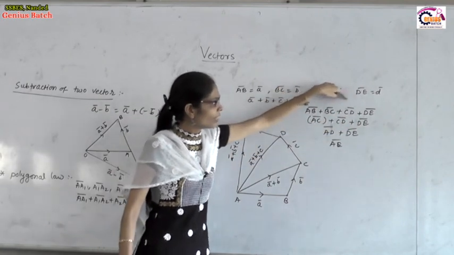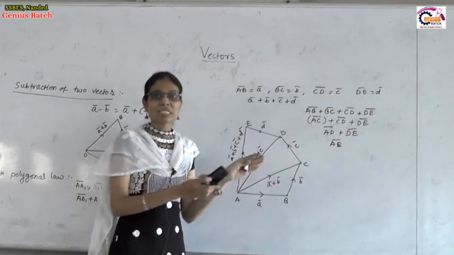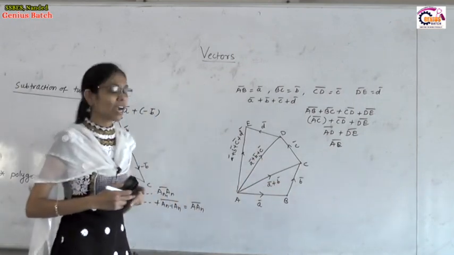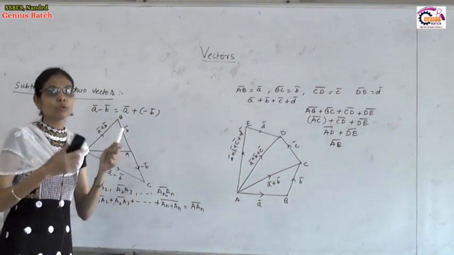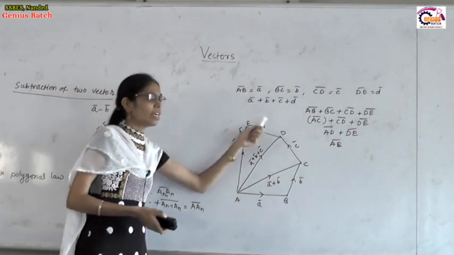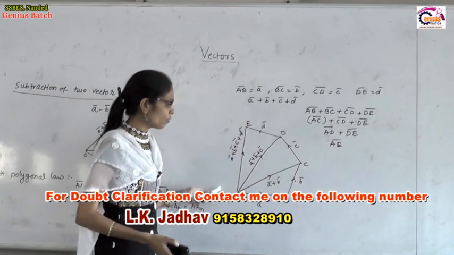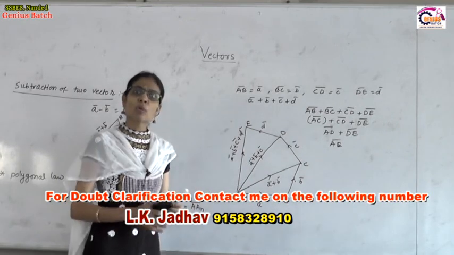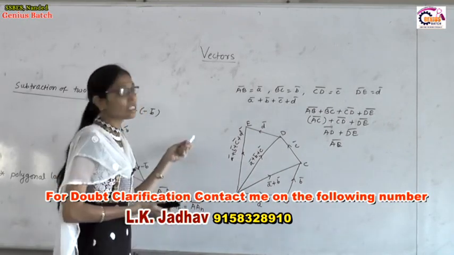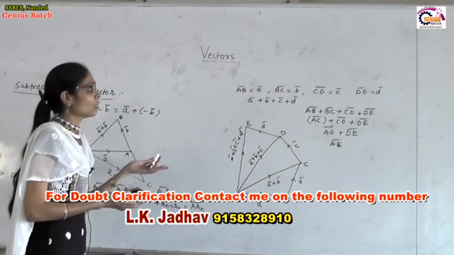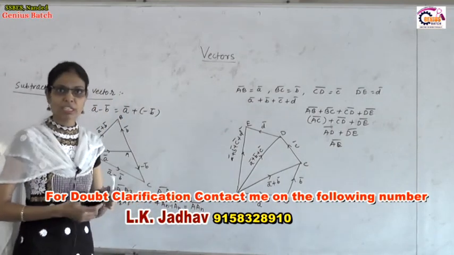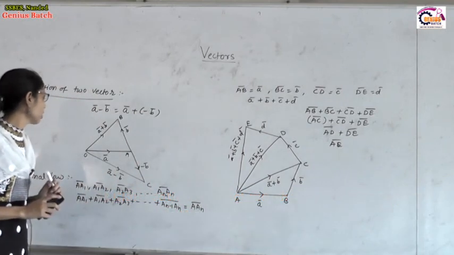So this is the extended form of addition of vectors. More than 2 vectors can be added, and it is said to be polygonal law. So we have done it for a 5 sided polygon. You can apply the same law for polygons having more than 5 sides also. So this is the polygonal law.